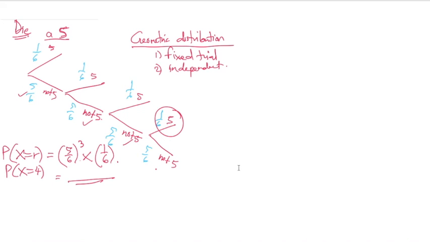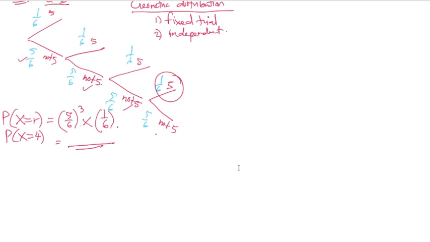Based on this concept, I can find the general formula. P(X = r) equals q to the power of r minus 1, where 5 over 6 is the failure, represented by q, and r minus 1 is the number of failed trials.